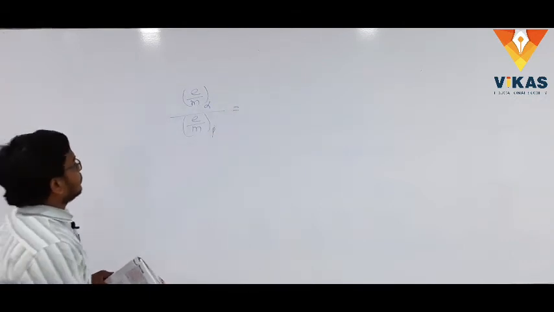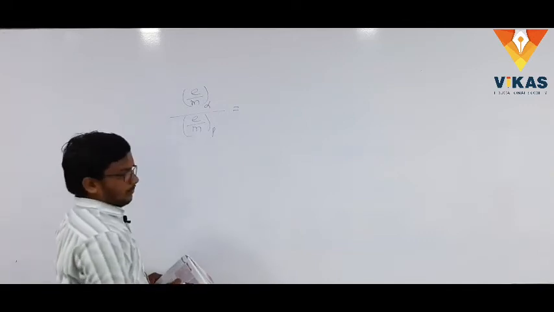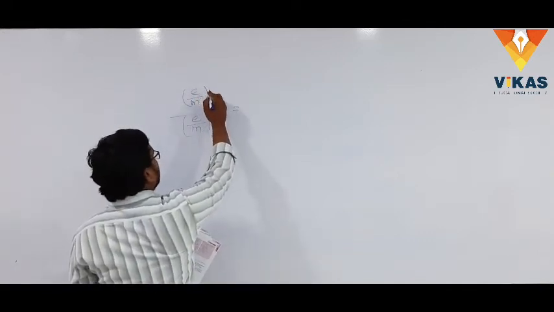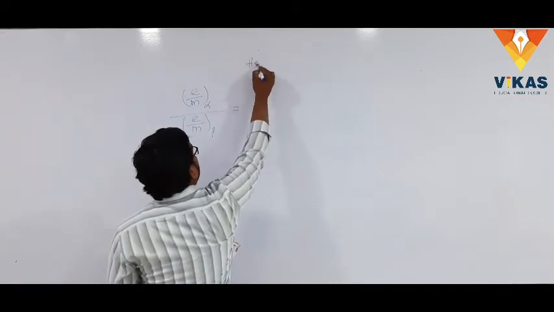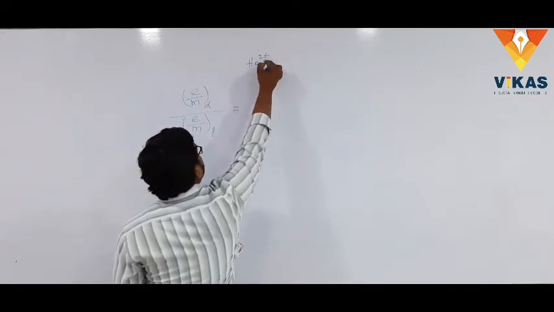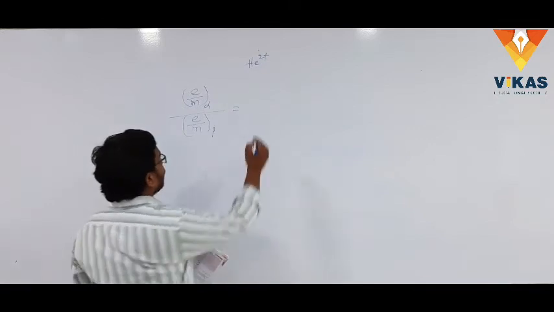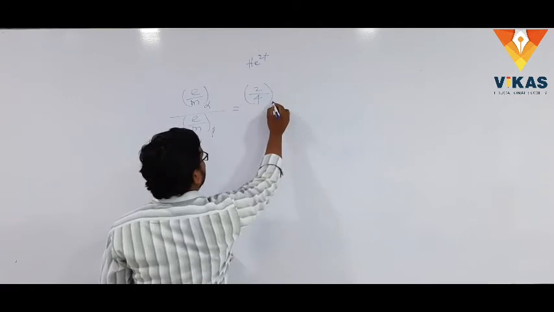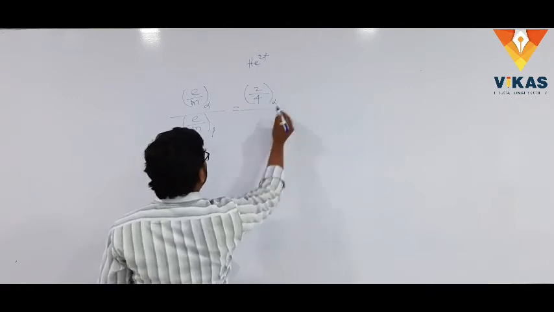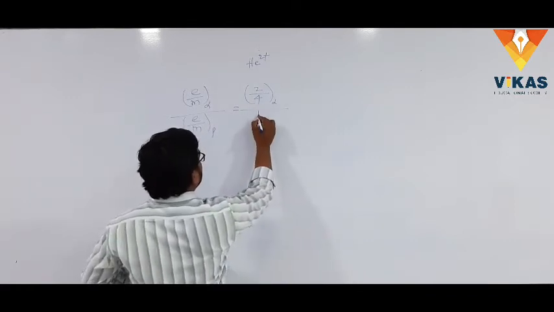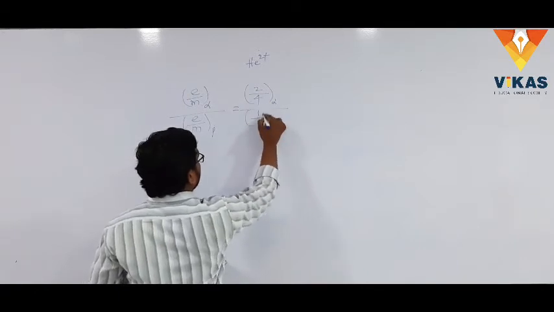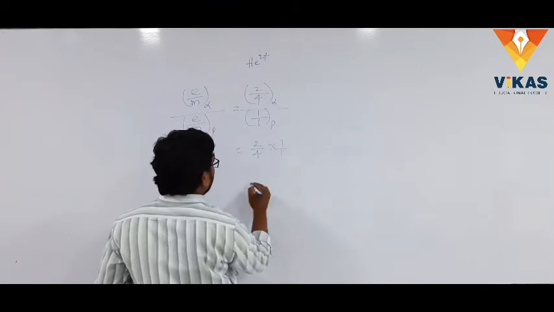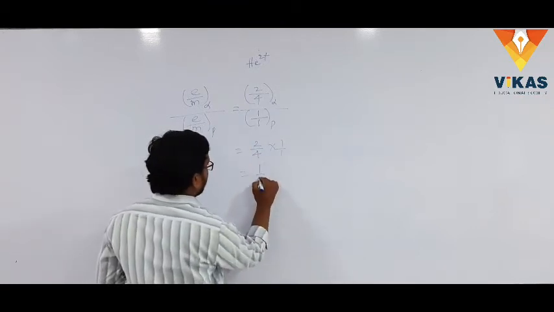Alright. So, what we have to do now? Charge to mass ratio of alpha particle. Alpha particle is He2 plus, so it is having a charge of 2 and mass of 4 protons, divided by the charge and mass of proton, relatively 1 by 1. That is 2 by 4 into 1 by 1, which is nothing but 1 by 2.